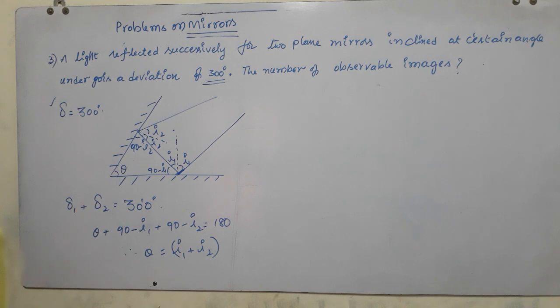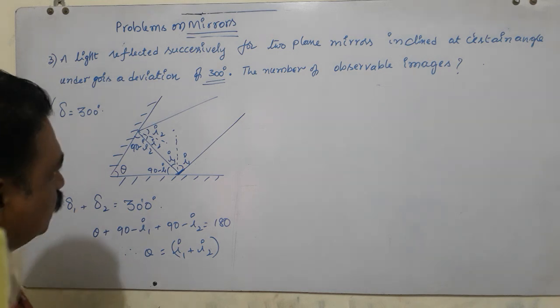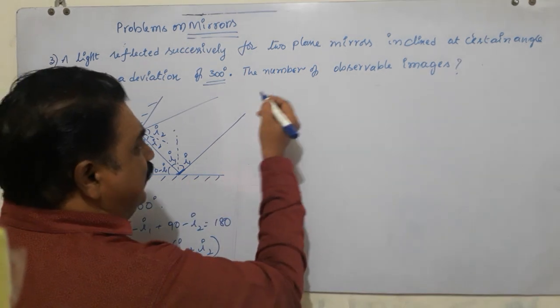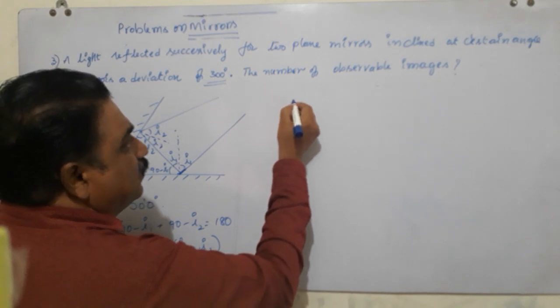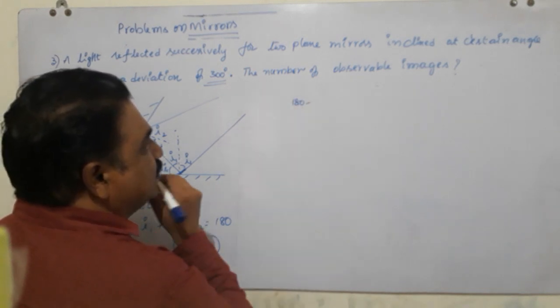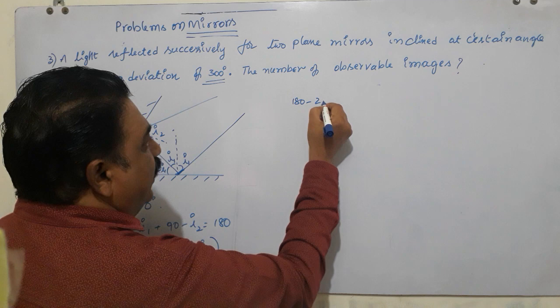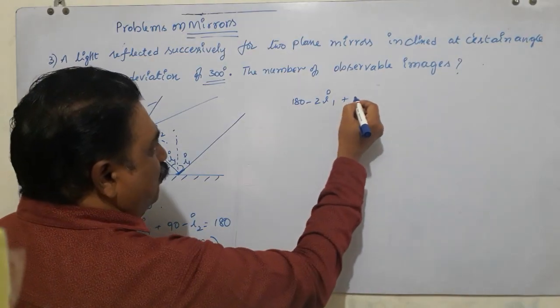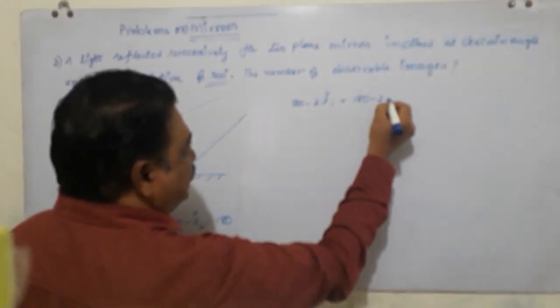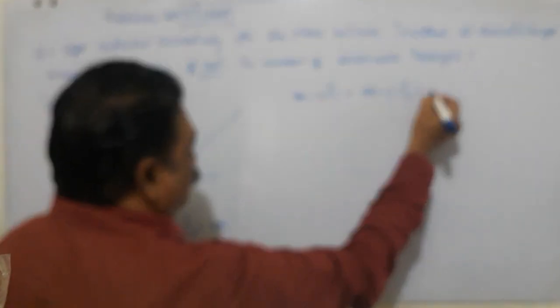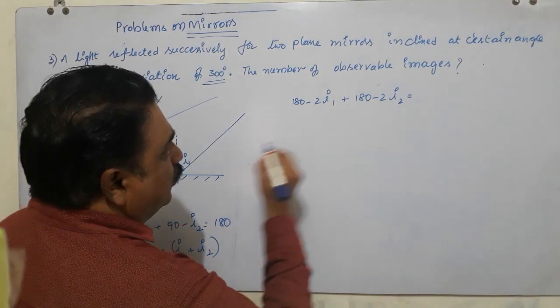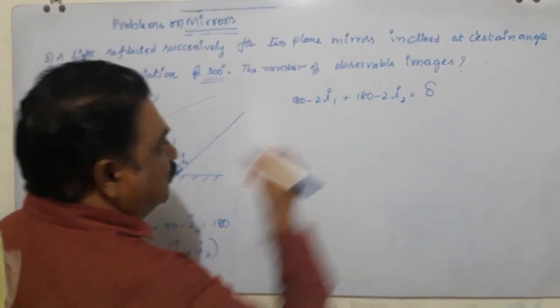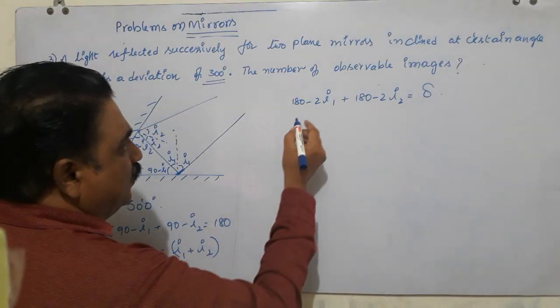What is I1 plus I2? We know delta 1 is 180 minus 2I1 and delta 2 is 180 minus 2I2, and the total deviation is delta.